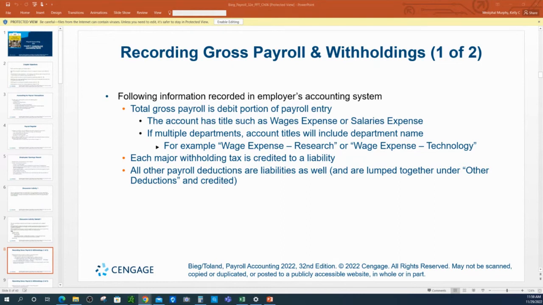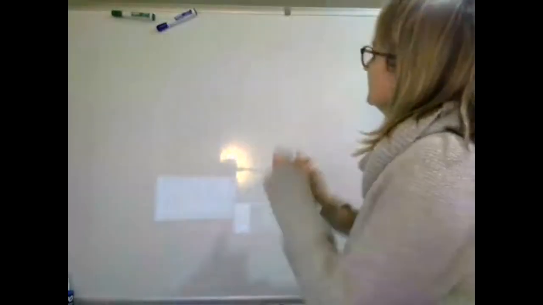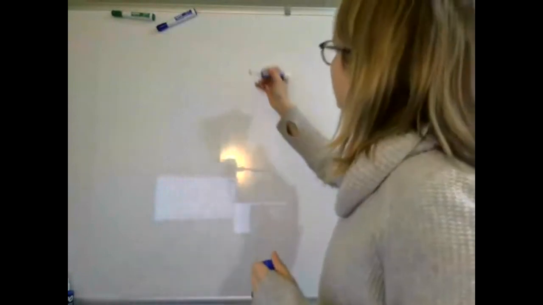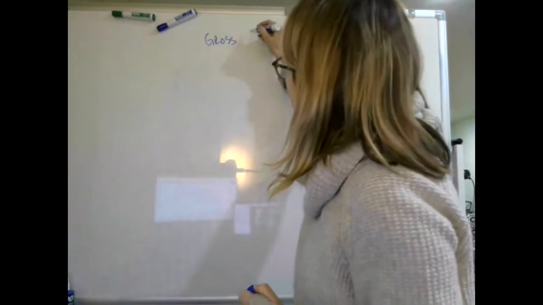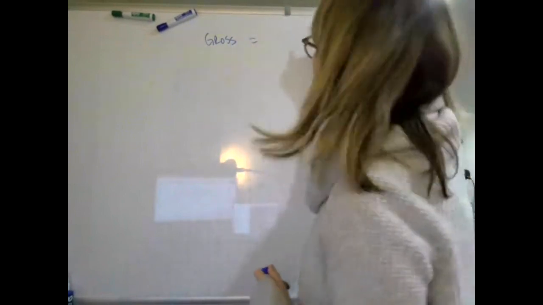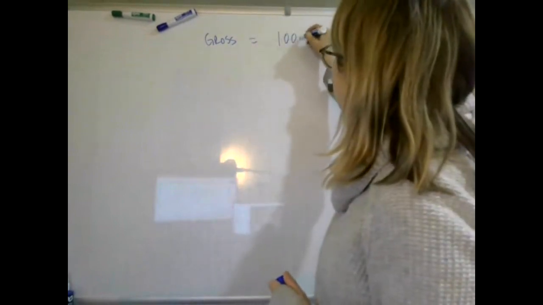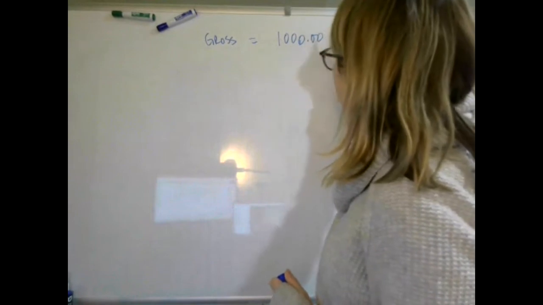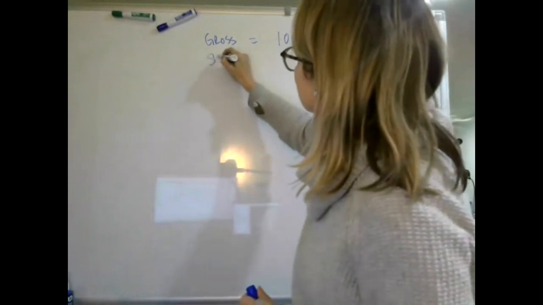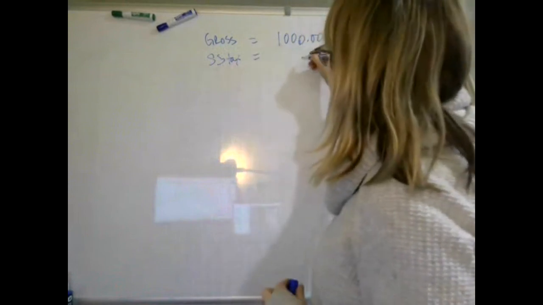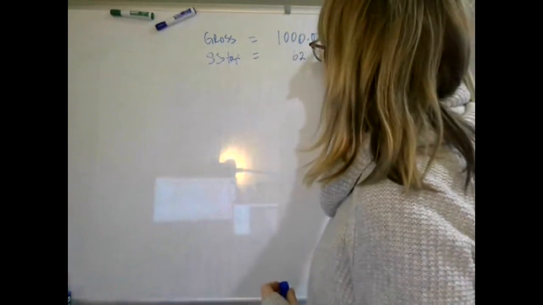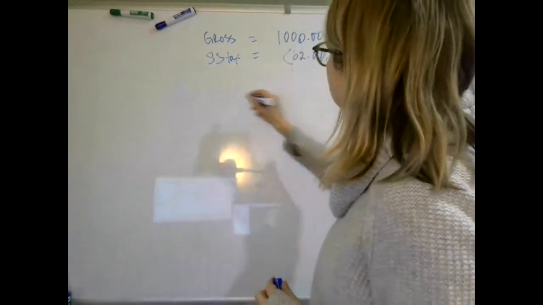So let's actually take a little look here. Let's say we've got an employee. We'll just have one employee at this point, and we've got their gross pay. Gross pay was $1,000. And then we had Social Security tax of 62 that was withheld.